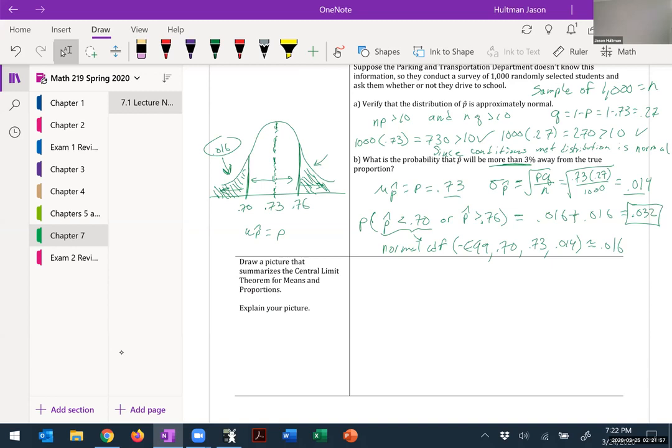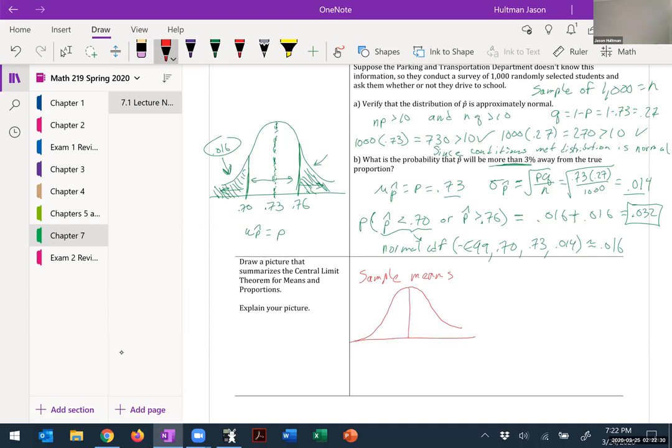Draw a picture that summarizes the central limit theorem for means and proportions, and explain your picture. Okay, so let's summarize. For sample means, let's draw one picture. If the sample size is large enough, then it's approximately normal.